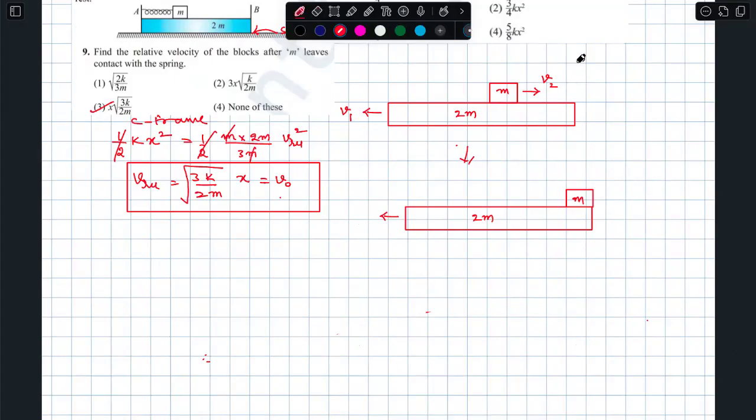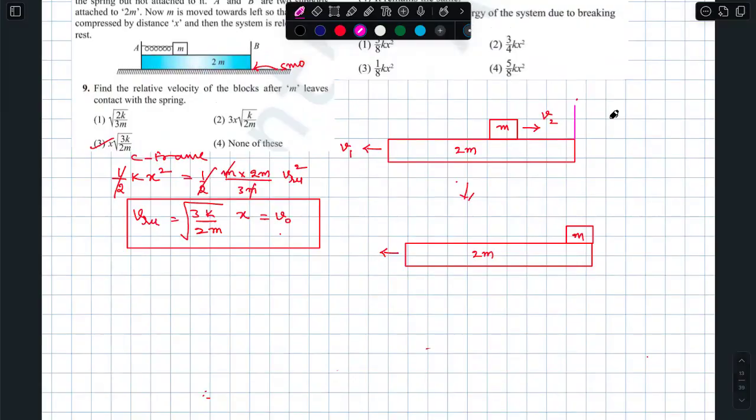Because this end B gives some impulse, as a result its velocity is reduced to V1 by 2 because of the impulse given here.